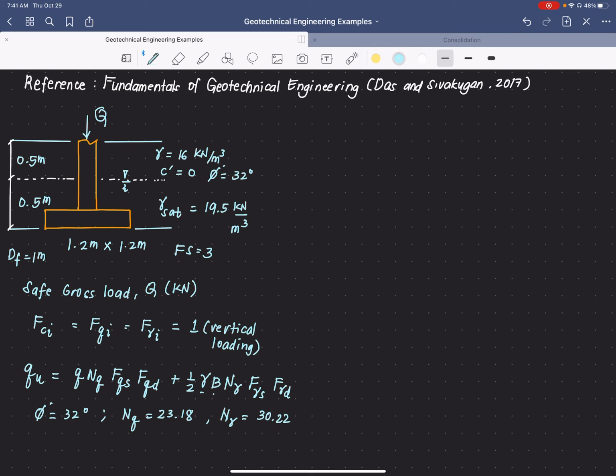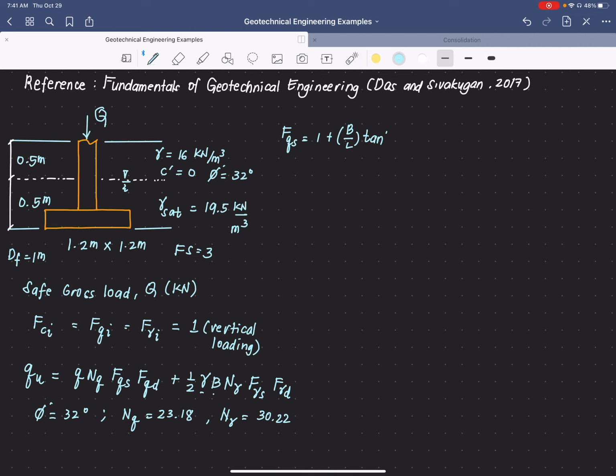Okay, then the other factors such as shape and depth factors can be calculated. Let's begin calculating the F sub Q sub S. This is equal to, from our table, also from the formula, we have 1 plus B over L tangent phi.